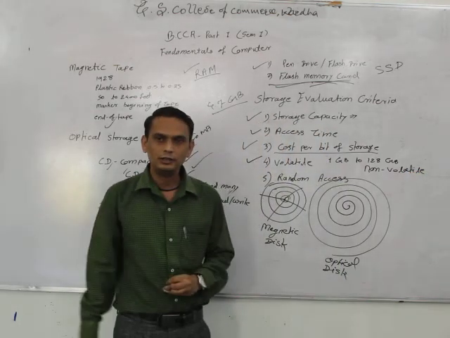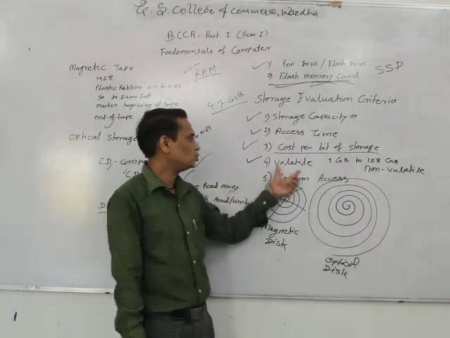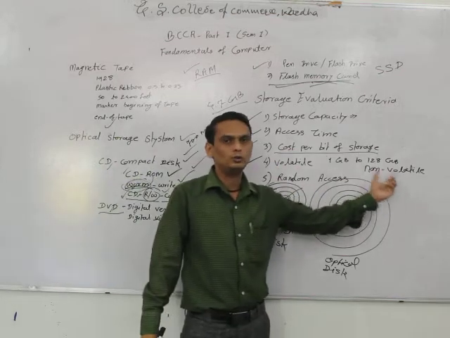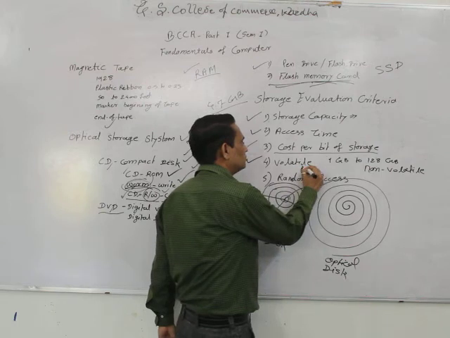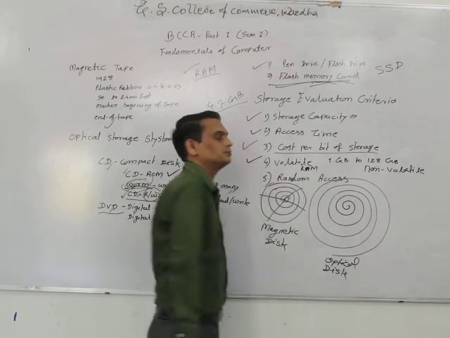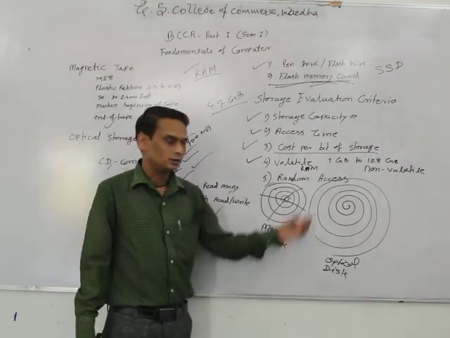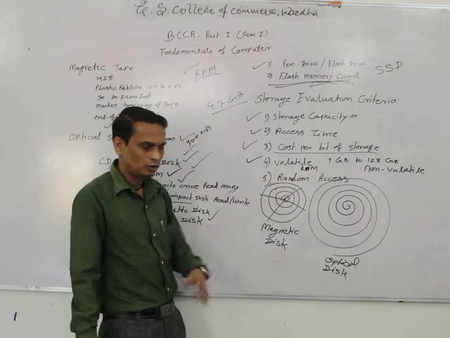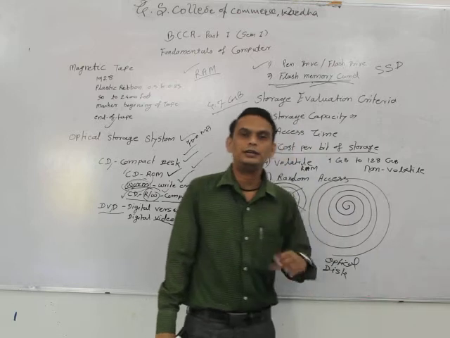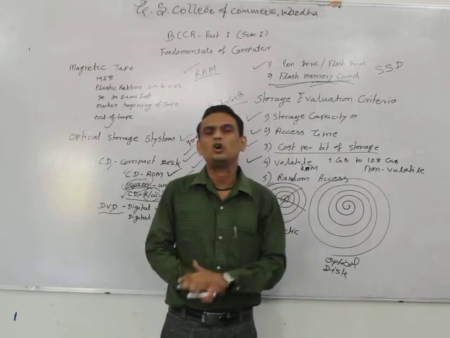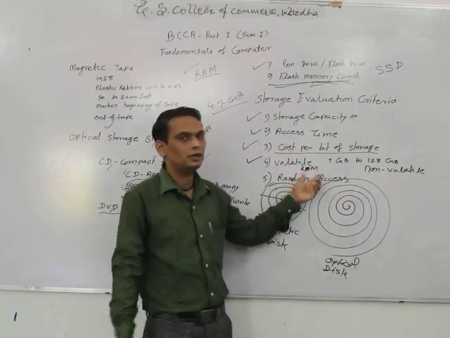So depending on the use of data, we should use volatile or non-volatile memory. Just like RAM is a volatile memory, because when the computer system is turned off, it automatically erases all the data available in the RAM.